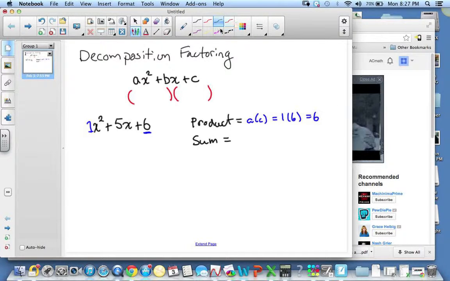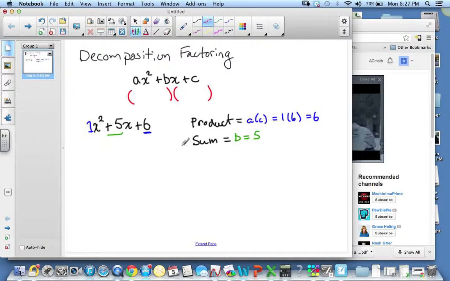Easy. The sum part is the coefficient of the linear term, or the x term. In other words, the b value. In this case, straight up 5. You've got to pay attention to the signs as well, right? So this is positive 1 times positive 6, and our sum, or our b value, is positive 5. So signs are important here.